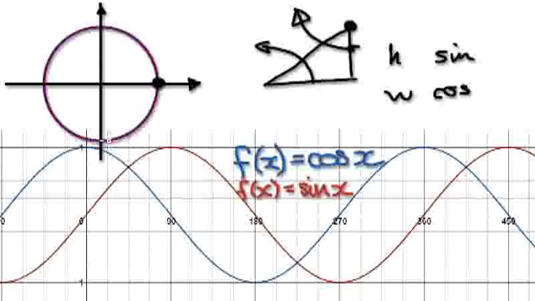So when the angle is 0, the height is 0. That's why it's here. Remember, we are looking at sine because the height represents sine. The height is 0, but the width, which is cos, is 1. Remember, this is 1 here.